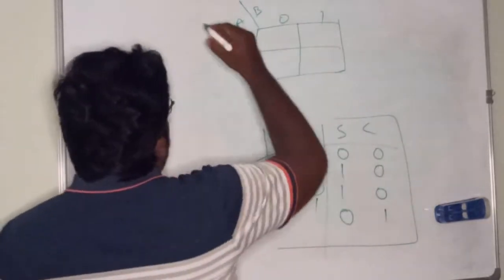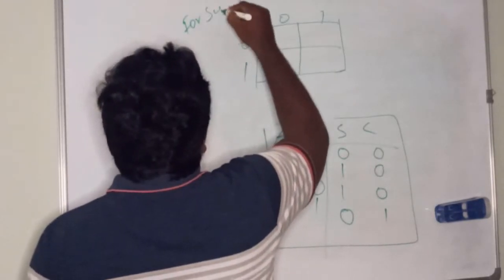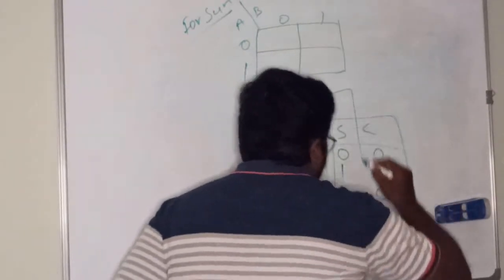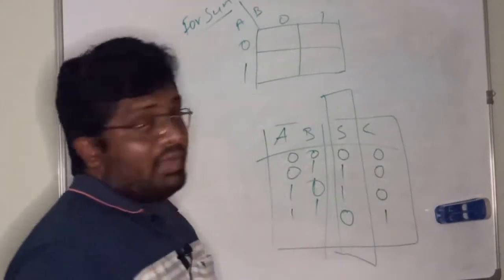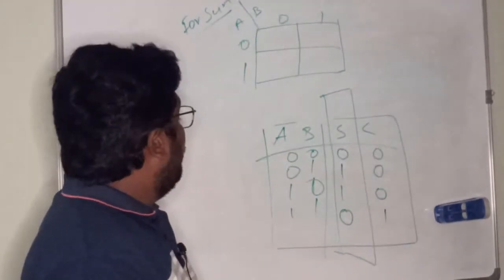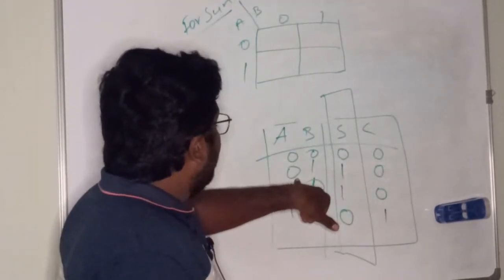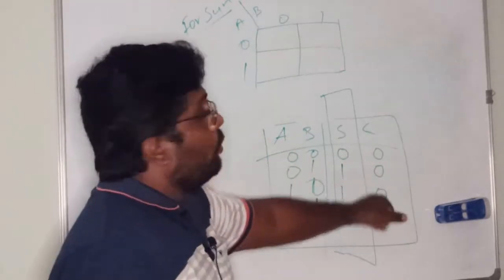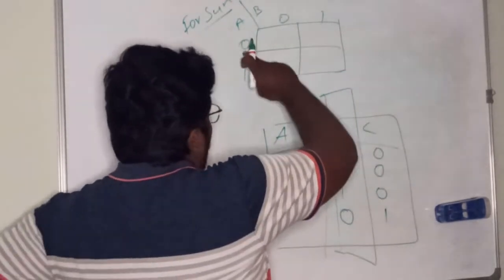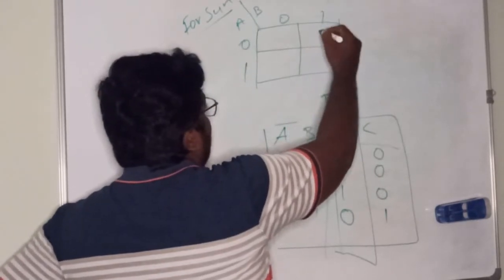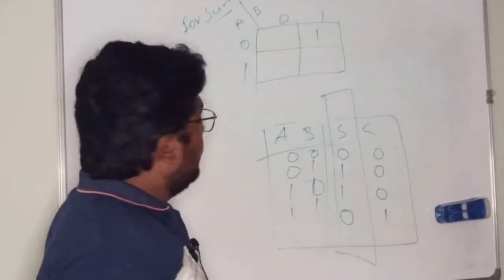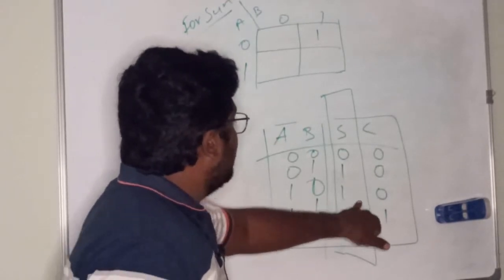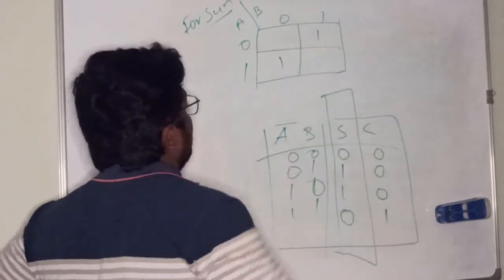First I am drawing the K-map for sum, S. When the input A is 0 and B is 1, sum is 1. And when A is 1 and B is 0, sum is 1.